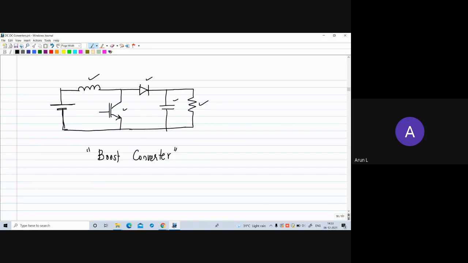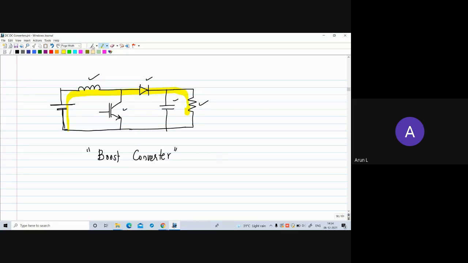When the switch is turned on, this inductance will charge and store energy, and at that time this diode will be off, and this capacitance will be delivering power to the load. When the switch is turned off, this diode will turn on, and the stored energy in the inductance will be given to the load.